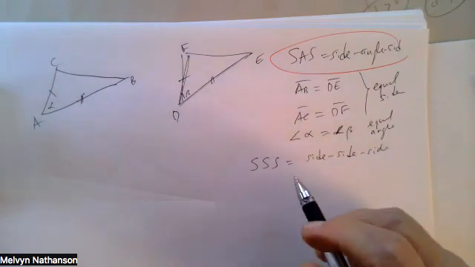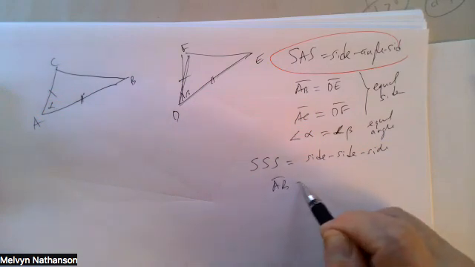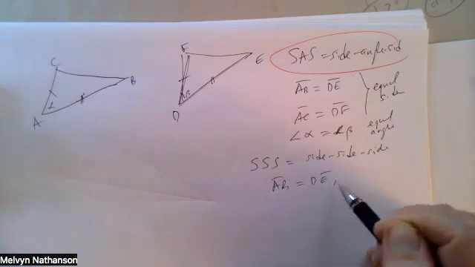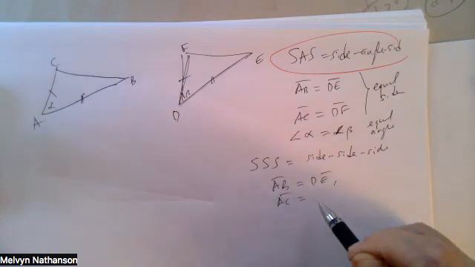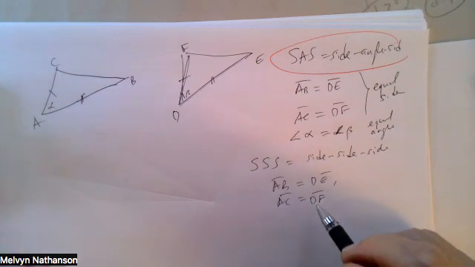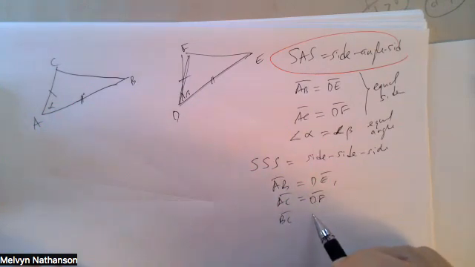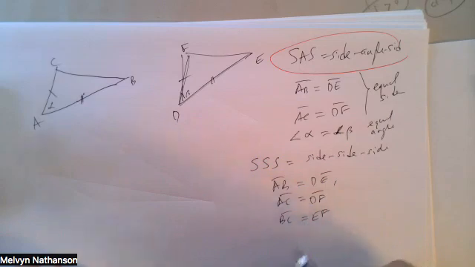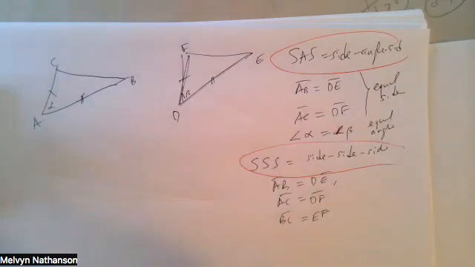If all three sides of the triangles are the same, so AB has the same length as DE, AC has the same length as DF. We're not saying anything about the angles, but the third sides, BC and EF, have the same length. Then again, the triangles are congruent.